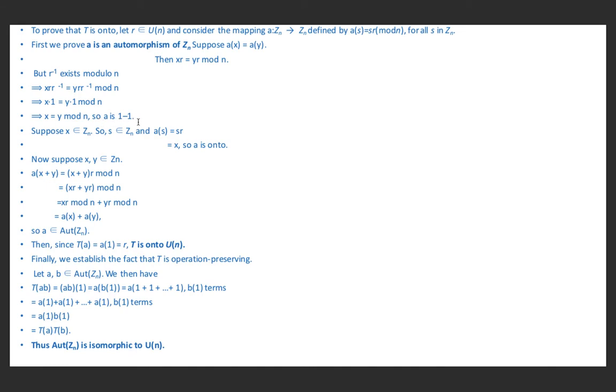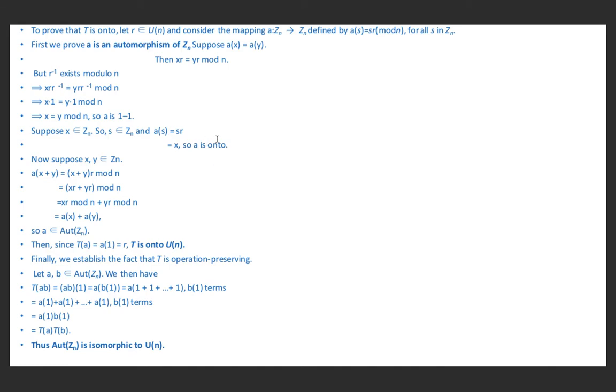So A is 1-1. If A(x) is equal to A(y), then x is equal to y. Suppose x belongs to Zn, then there is s belonging to Zn such that A(s) is equal to sr, and sr is nothing but x. So it means A is also onto. Now we have proved that A is 1-1 and onto.